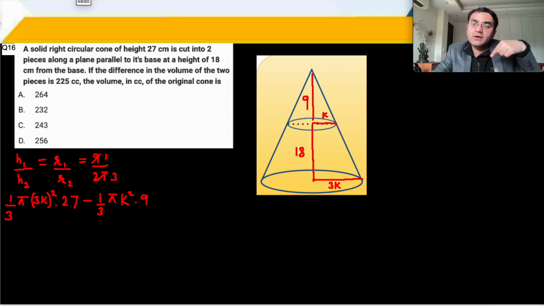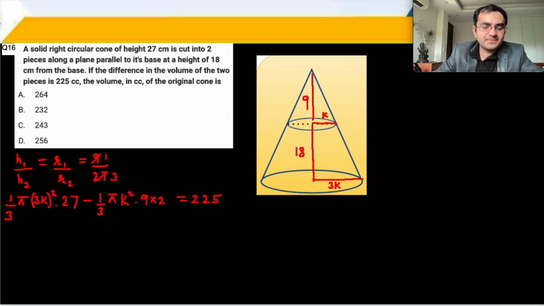Difference of the two pieces. So the lower piece minus the upper piece. The upper piece is this, this is your upper piece. So let us subtract this again and you now get into 2. So that the difference comes, difference is 225. So when this 3 comes out, 3 squared is 9, 27 into 9 comes to you, which is 243.